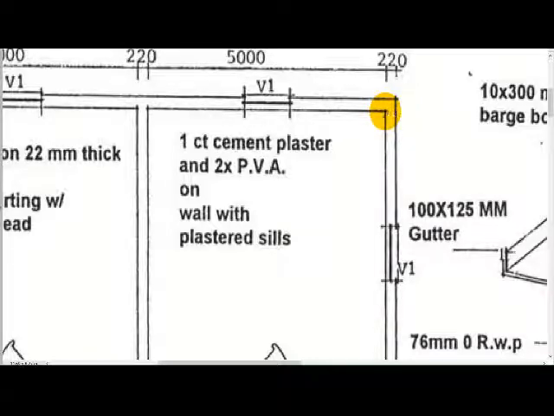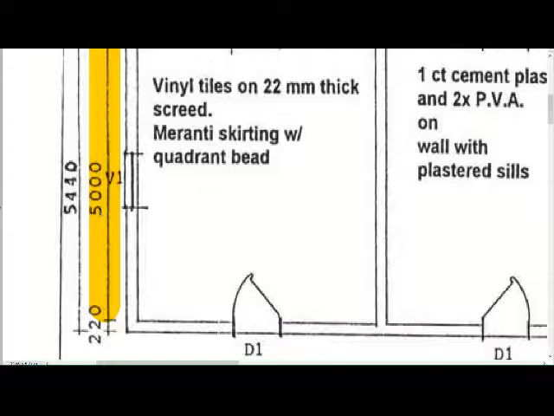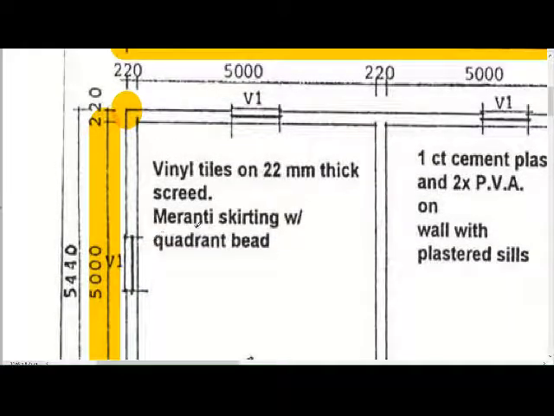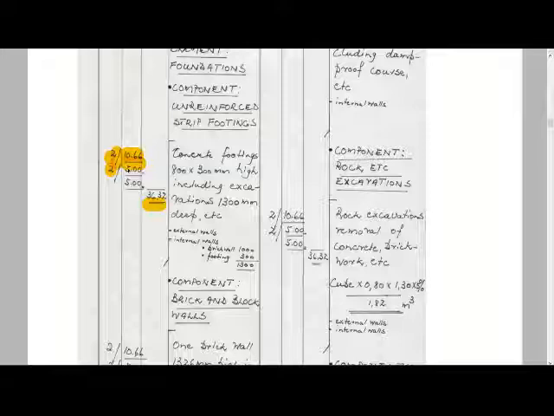So your next dimension will be excluding that little 220 wall that's over there. Okay, so that's your length, and that's why the 5 meters is used and not the 5.44. Okay, good. So that's your second dimension, the 5 meters there.